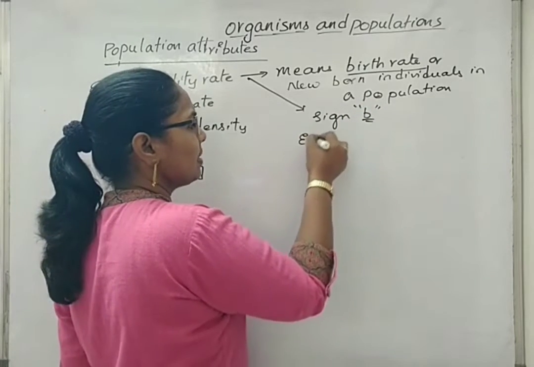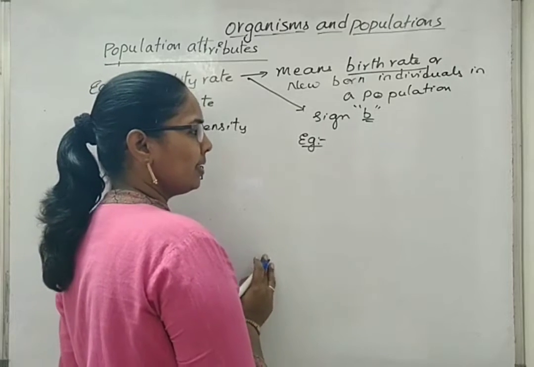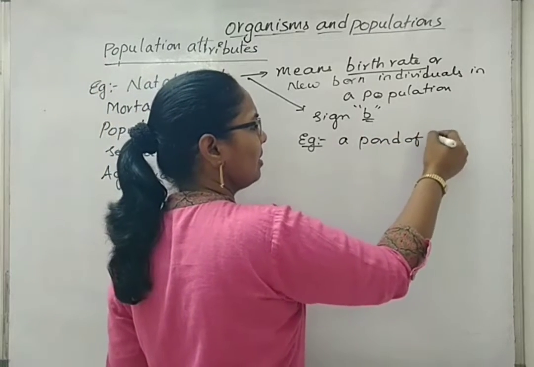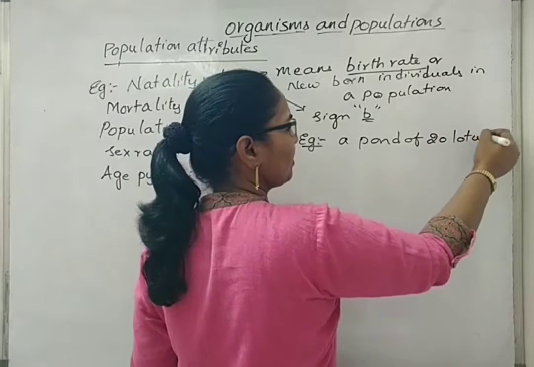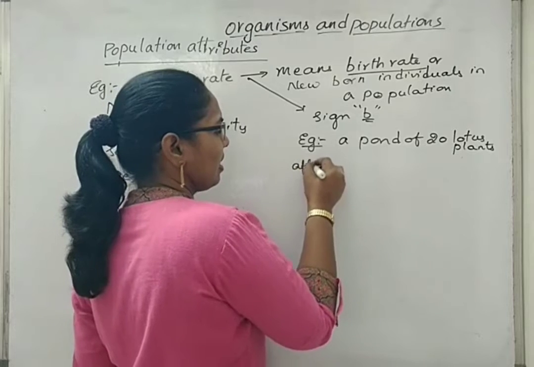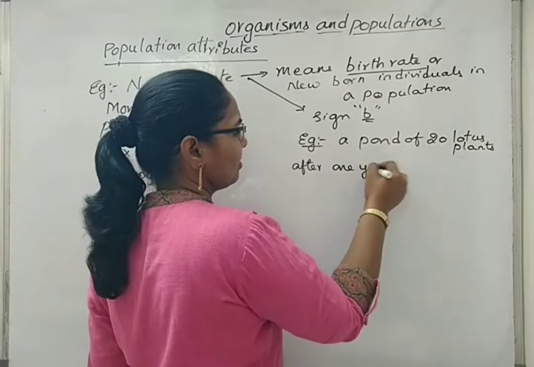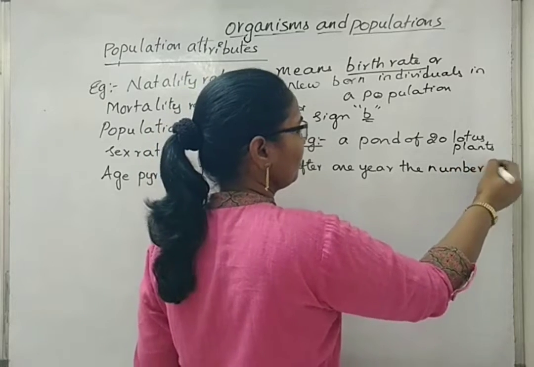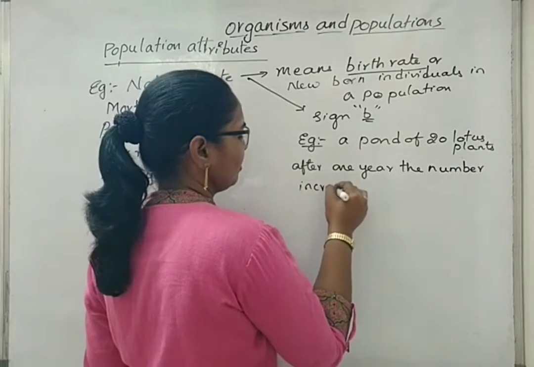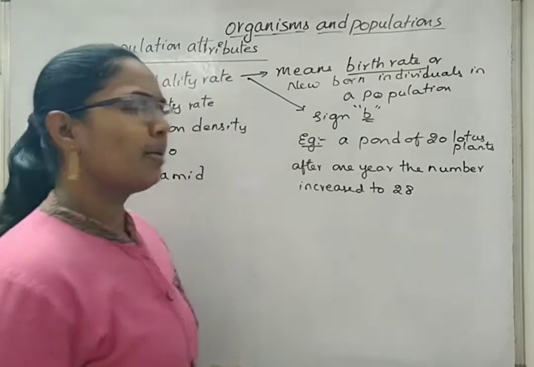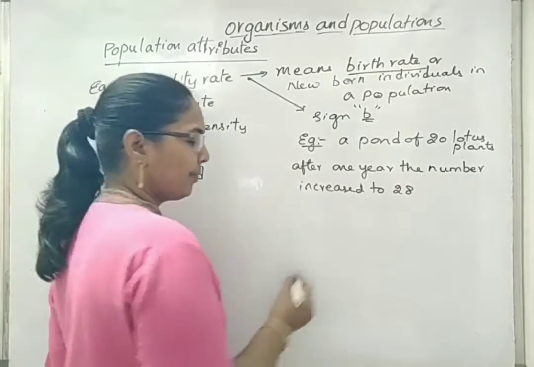If we take an example to explain natality or birth rate, let's take a pond with 20 lotus plants. After 1 year, the number increased to 28. It means that 8 offsprings are newly born.